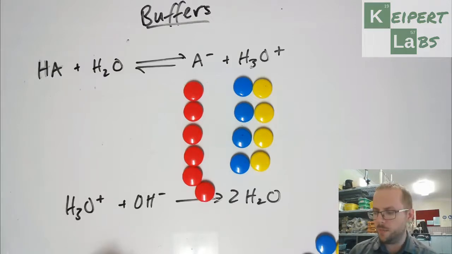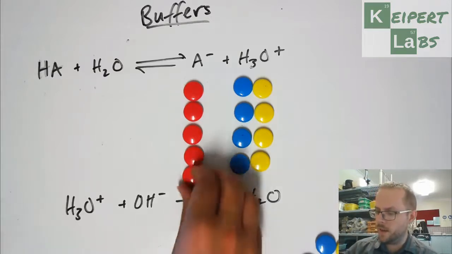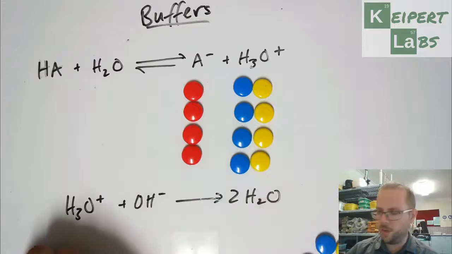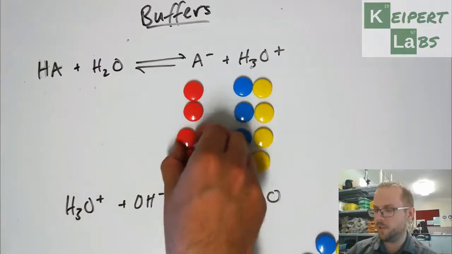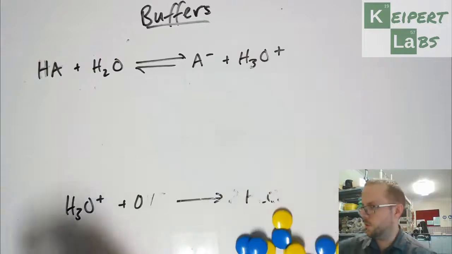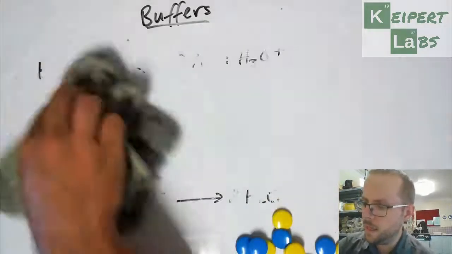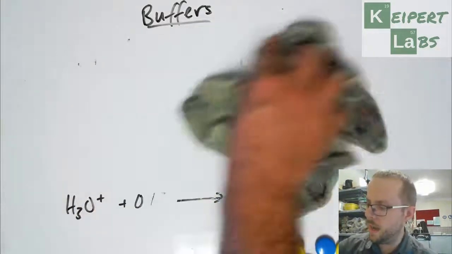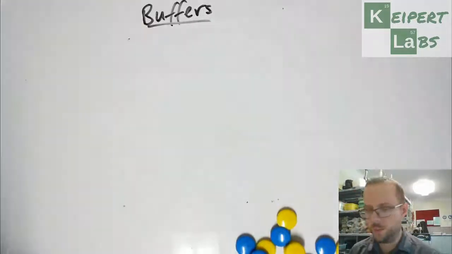So we've talked so far about defining what a buffer is. We've used an example. We've talked about buffers and pH change. And so now, just to wrap things up, let's have a little look at a natural example. The example that we're going to look at is one that occurs in our bloodstream to help keep us alive, which is always nice.